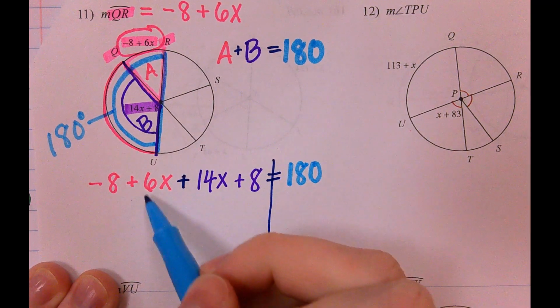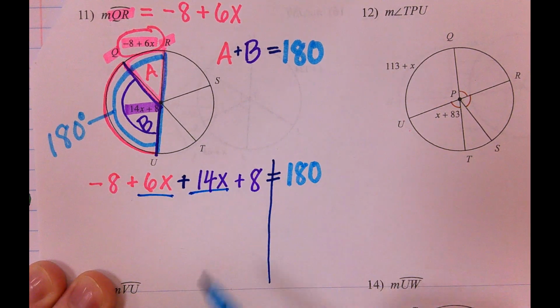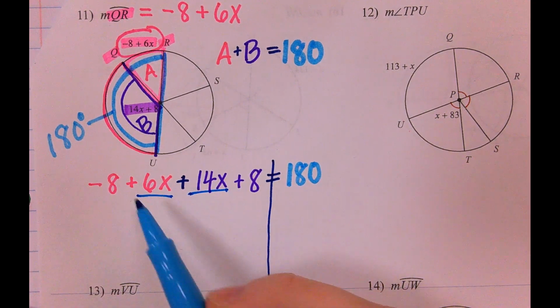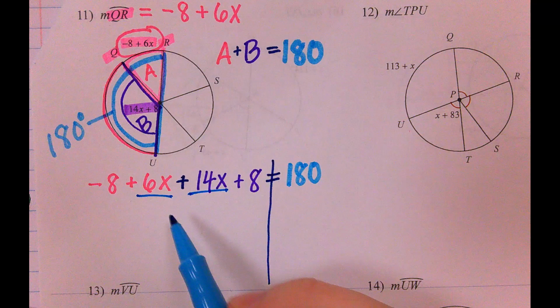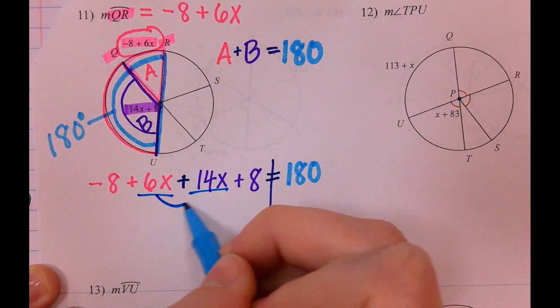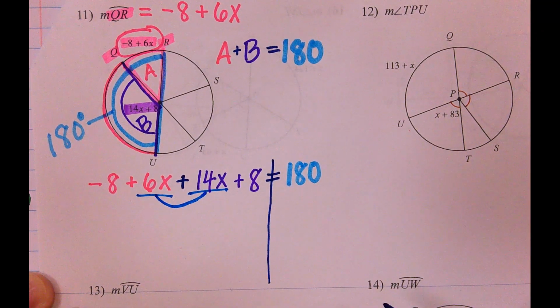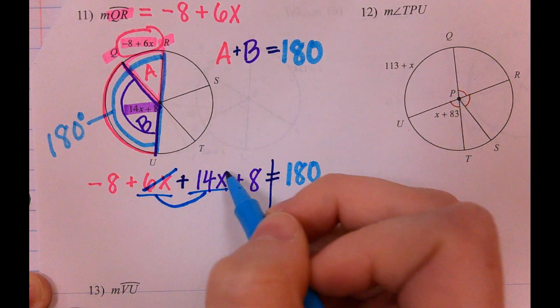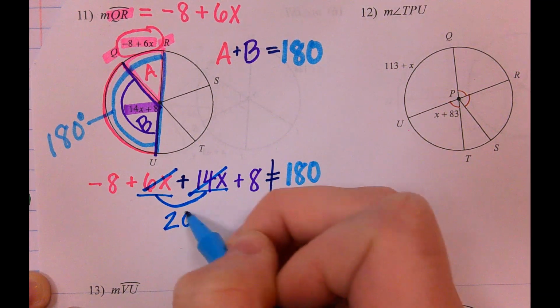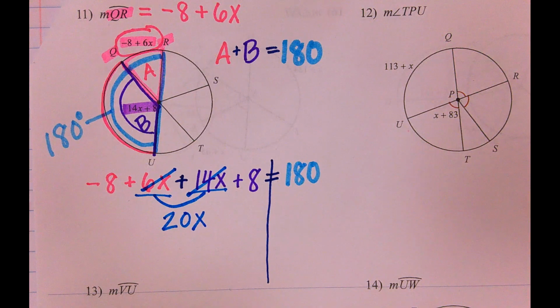Okay, so we have 6x and 14x. And what do we get when we put those together? 20x. Okay.